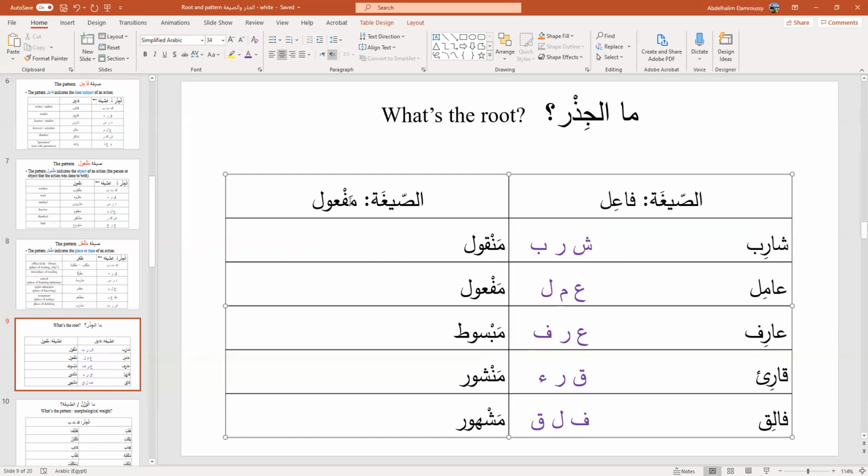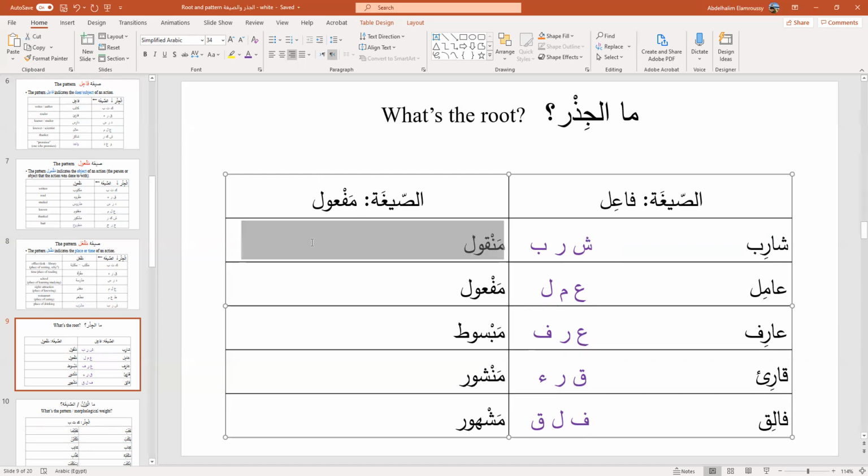So the fa right here will be the spot of the first letter of the root. The ayn right here will be the spot of the second letter of the root. And the lam right here will be the spot of the third letter of the root. So you can pause, do all of them and get back to me.